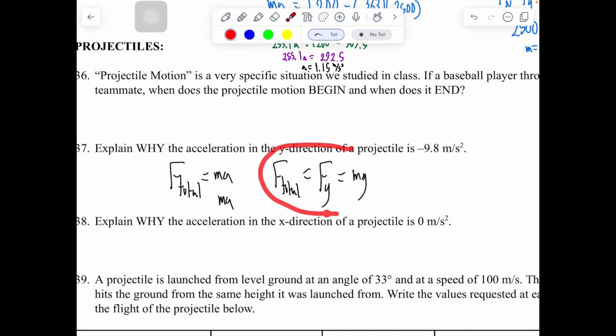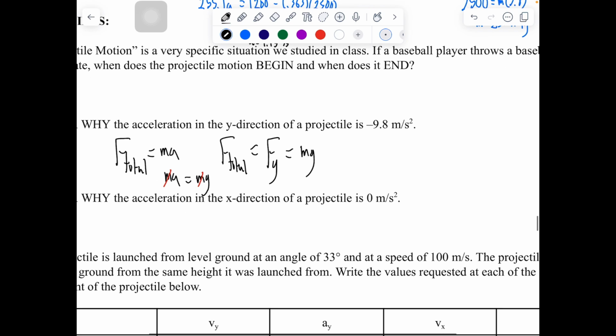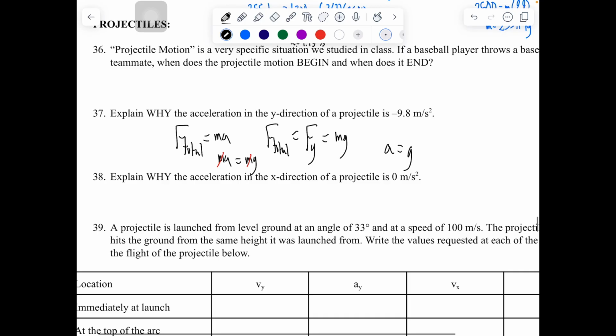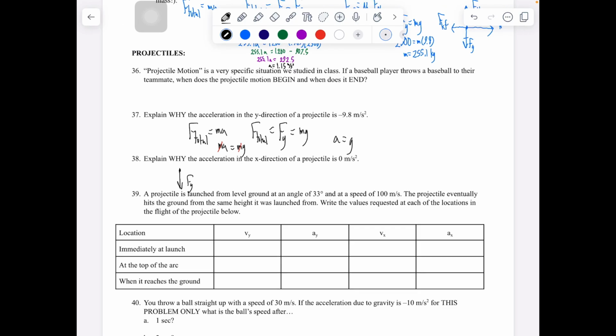Total force is also, for a projectile, mg. Our masses cancel. And we find out our acceleration is simply g, or negative 9.8. Again, forces cause acceleration. For a projectile, the only force is gravity downward. There are no forces left or right, therefore there can be no acceleration left or right.